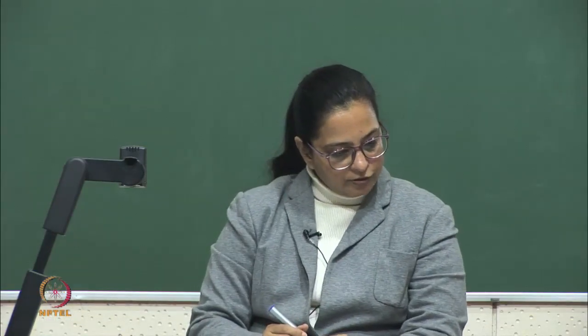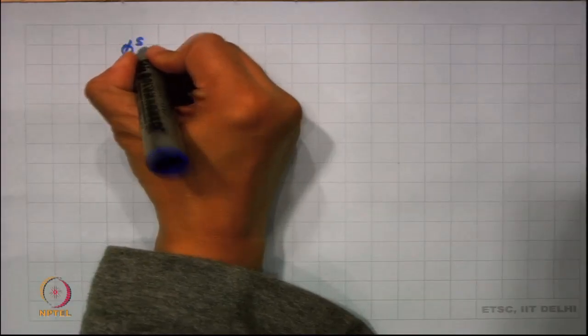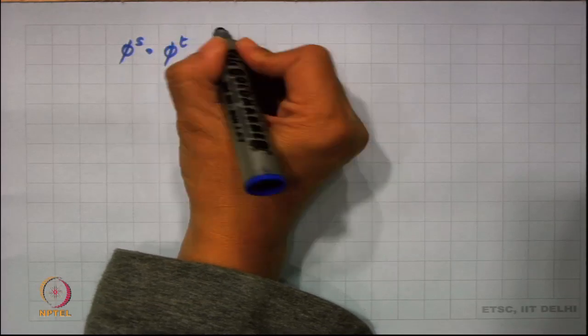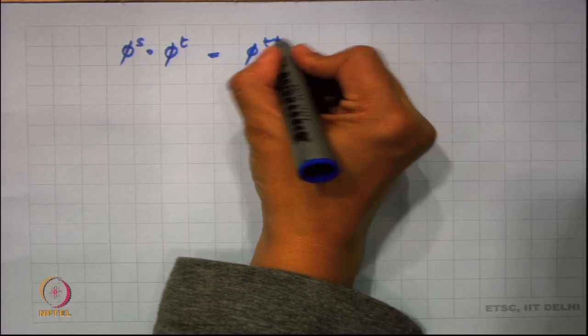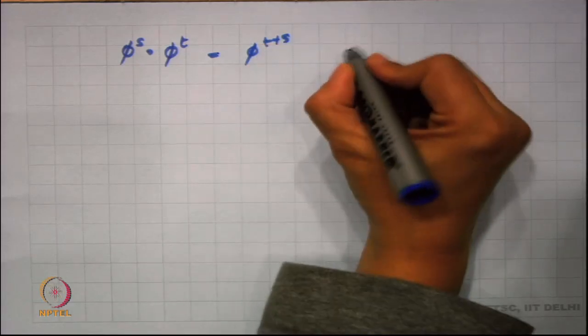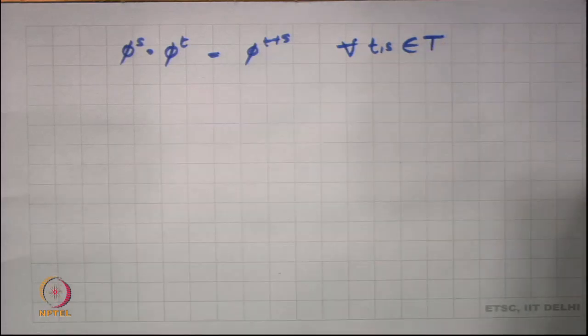Now, again, what happens to such a kind of a flow? Then for such a kind of a flow also we find that phi t satisfies the identity, the Kolmogorov identity, that phi of s composite with phi of t is nothing but phi of t plus s, and this is true for every t and s belonging to T. So, we have these identities.